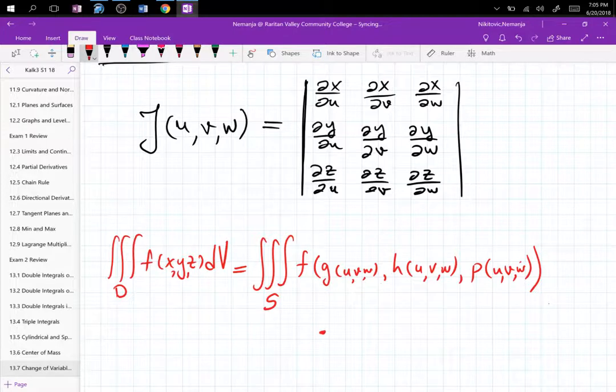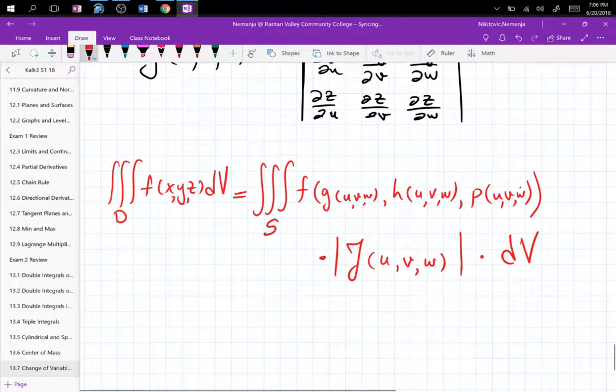Just roll with it. Times the Jacobian of u, v, w, and then dV. There it is.